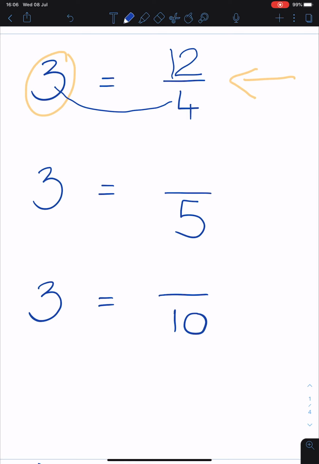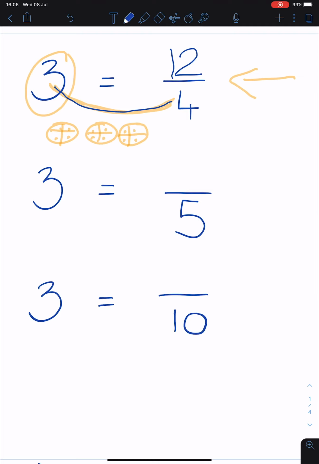I will prove that to you quickly. If I have 3 pizzas and I cut them into quarters or fourths, I have got 1, 2, 3, 4, 5, 6, 7, 8, 9, 10, 11, 12. Much quicker, isn't it, to say 3 times by 4.